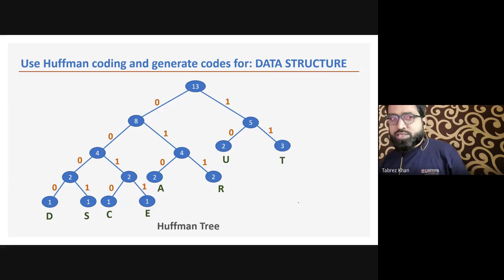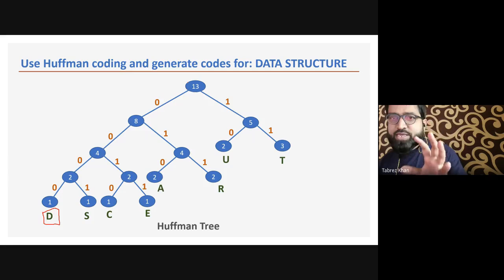Okay. Once all leaf nodes are labeled, now you can find the varying length code. What do I need to do to find the varying length code? I need to see the character. So this is my character D. To find the varying length code of D, I need to start from the root node.